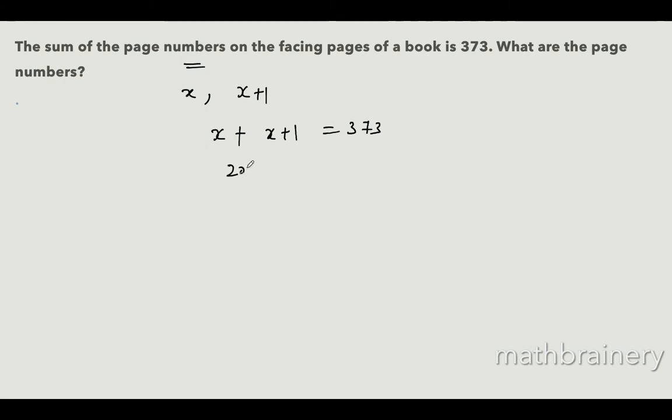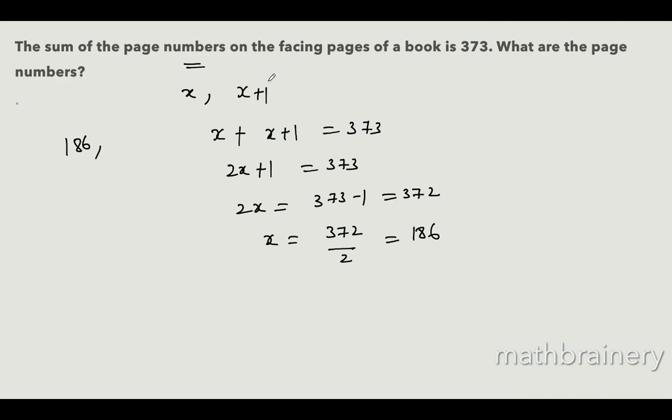When we simplify this, you get 2x plus 1 is equal to 373. That implies your 2x is equal to 373 minus 1, which is 372. So x must be 372 divided by 2, which is 186. So the numbers of the facing pages are 186 and 186 plus 1, that is 187.